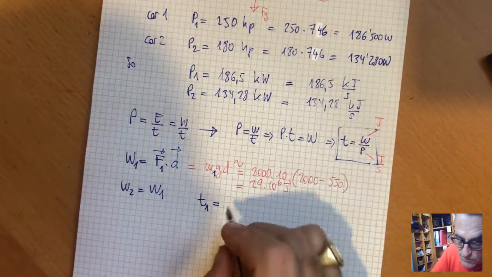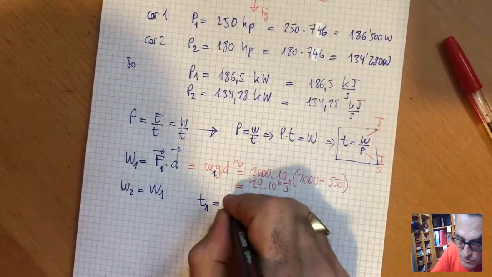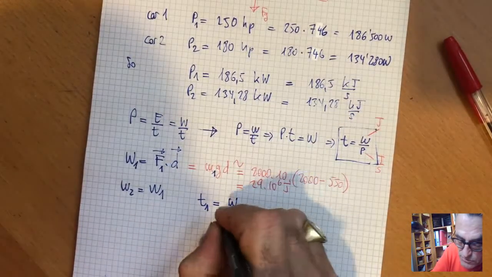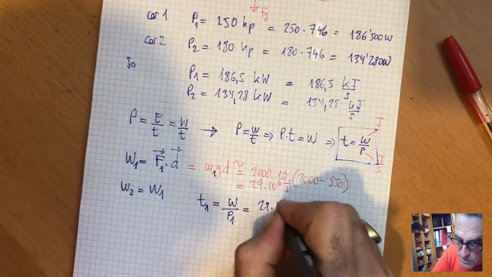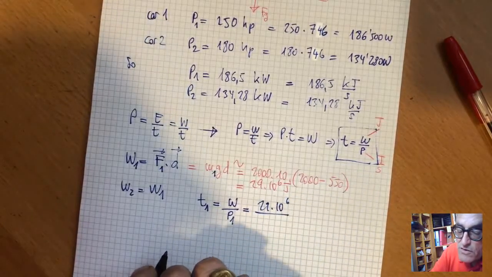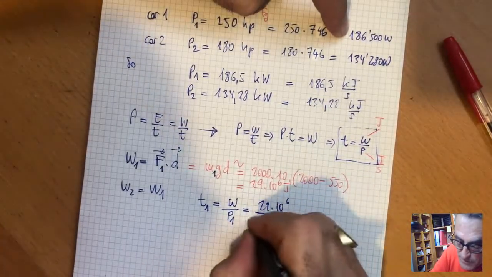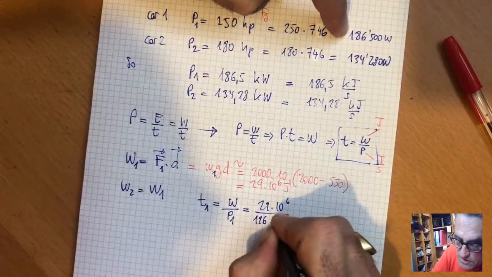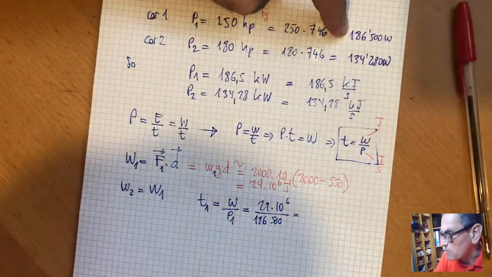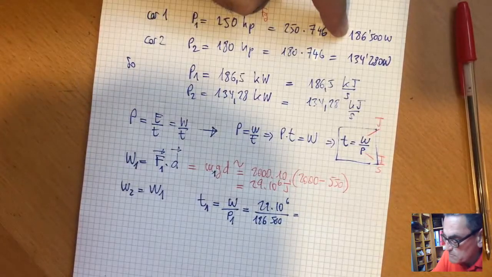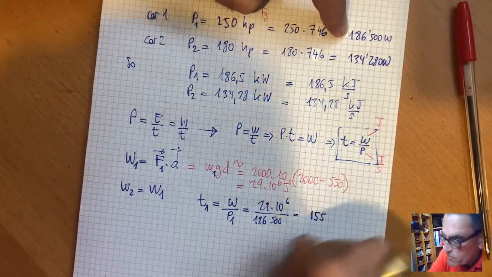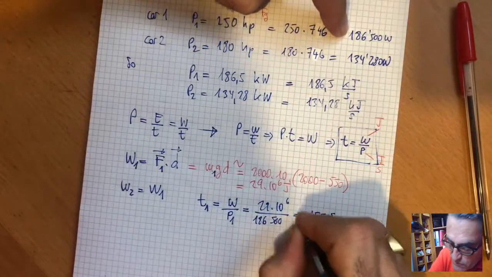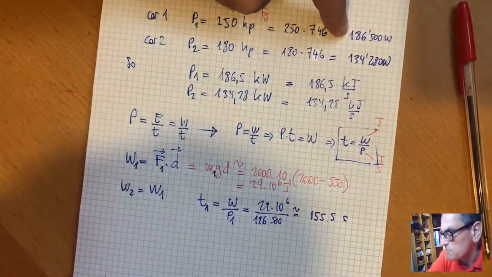So now the time for the first car is going to be the work. Anyhow, the work is the same for the two cars, divided by the power of the first car. So it's 29 times 10 to the 6 divided by the power of the first car, which was 186,500, and that gives us 155.5 approximately seconds, right?